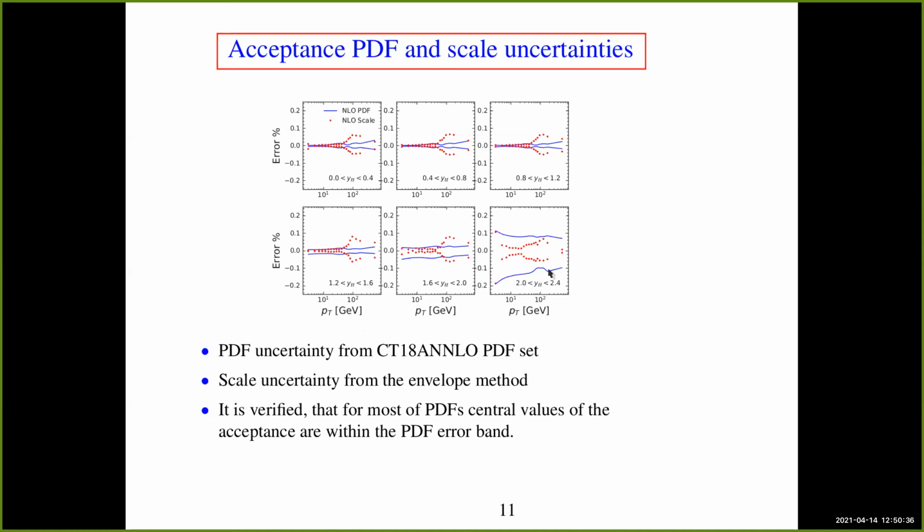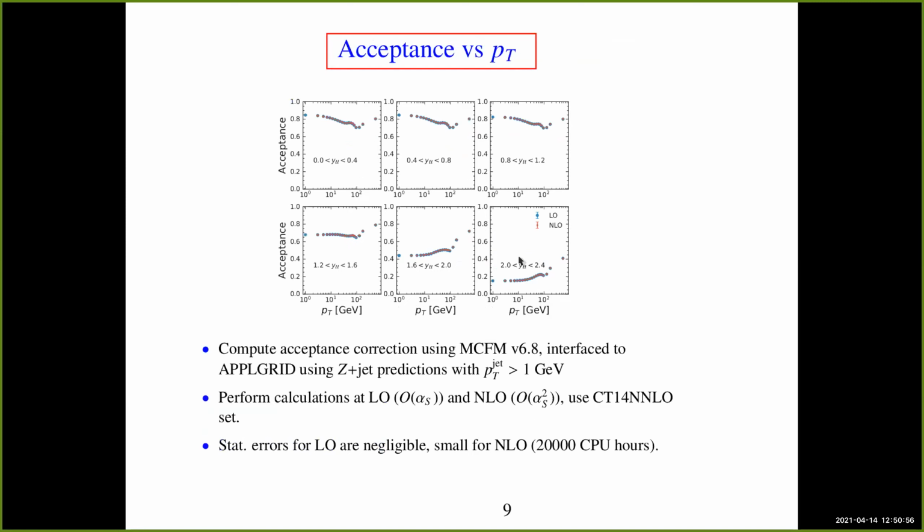And what one sees is that the PDFs are becoming quite large for large rapidity. Becoming quite large means it's 0.1%. So it's still pretty small. But it is also clear that they are at the edge of the phase space. So the bin, if you look at the absolute value of the acceptance, is quite low, below 20%.